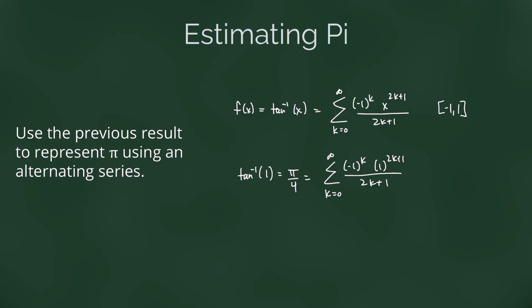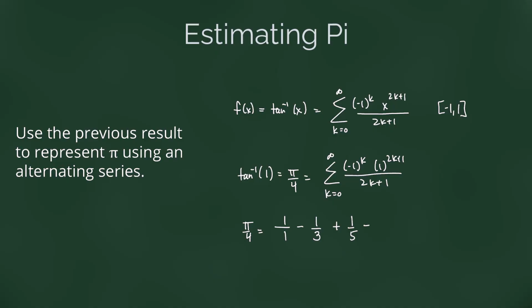So we can write out pi over 4, plugging in k equals 0, we get 1 over 1. Plugging in k equals 1, we're going to get -1 to the first power times 1 all over 3, so we get -1/3. Plugging in k equals 2, we're going to get a positive term, and then we'll get 1/5.